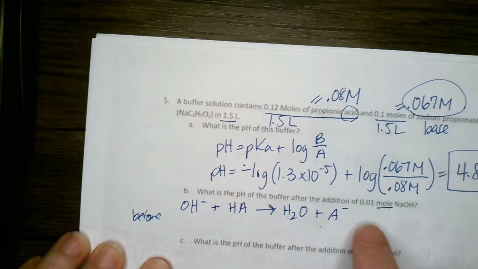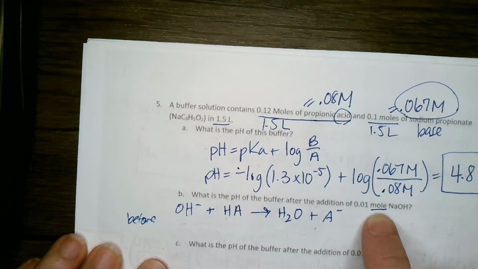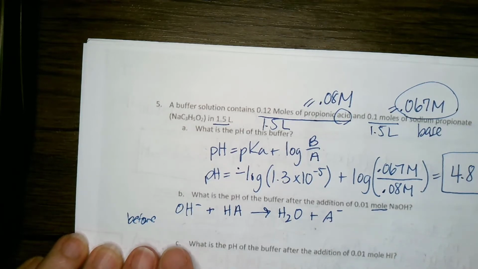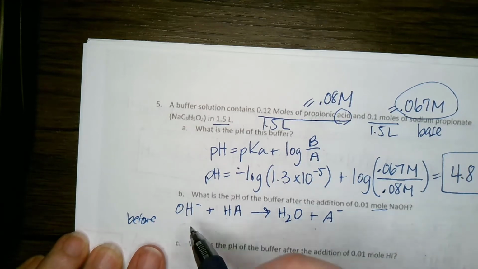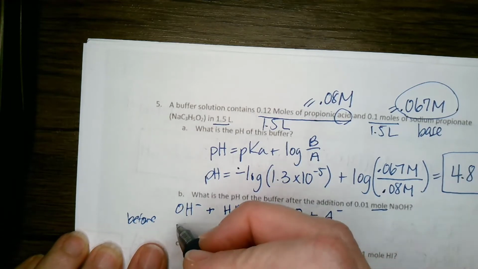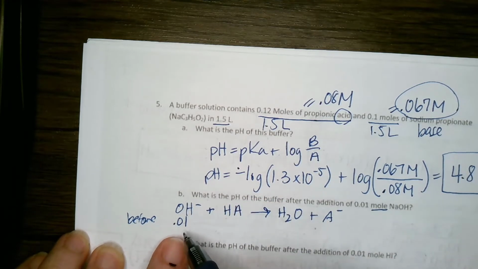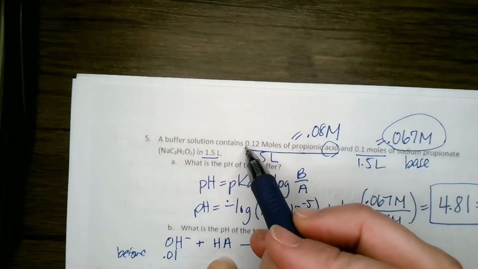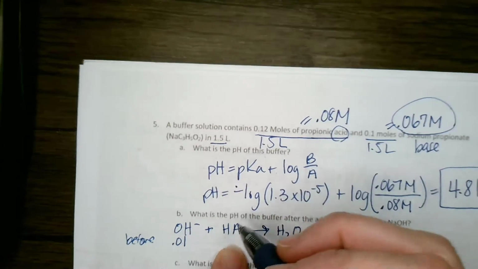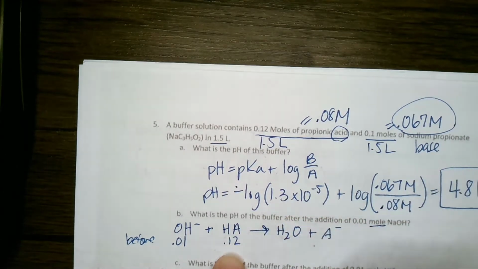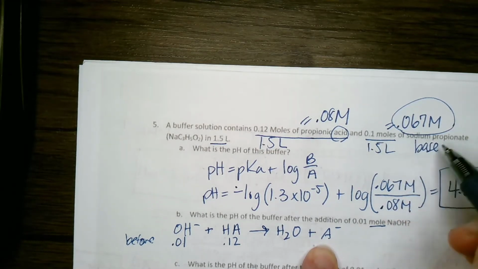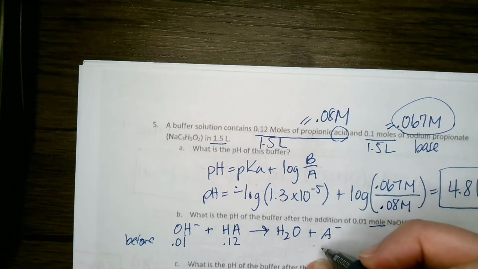All right, so let's write down what we started with before. Let's just look at moles. We'll change it to concentration in just a minute, but since we're given moles here, let's look at this. Before, we are given 0.01 hydroxide. How much acid did I have? 0.12 moles of acid. And I also had 0.1 moles of my conjugate base.